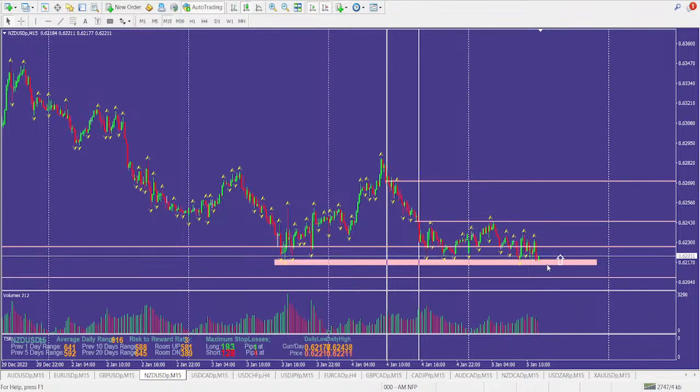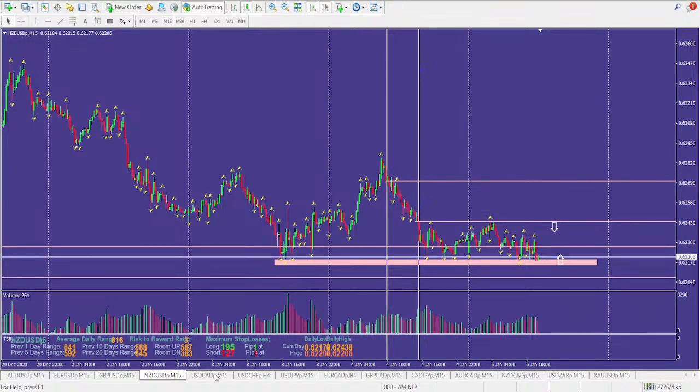And obviously, since price is consolidating, we still have quite a bit of time. If price does actually push up from this level before the news and test the supply level over here, then obviously we'll look to sell over here. But since price is currently testing the demand level, this is going to be our indication to start looking for buying opportunities.